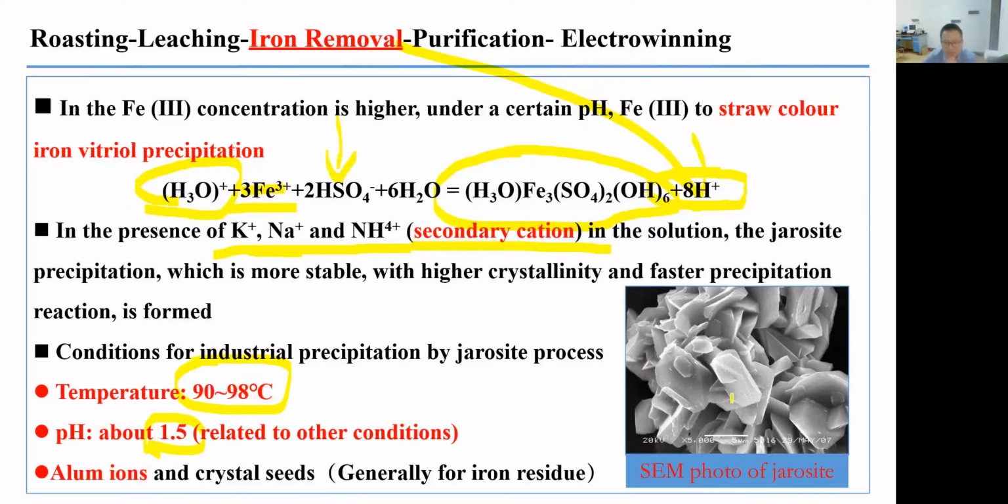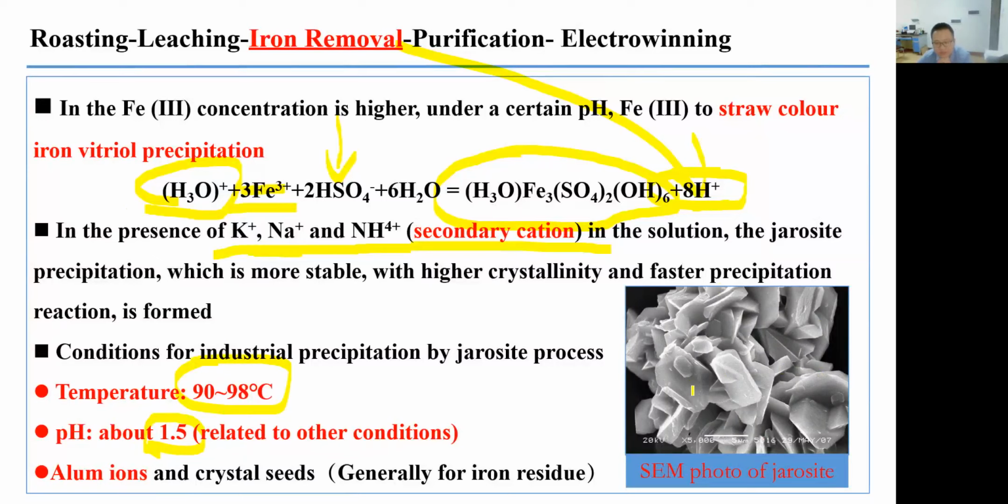Actually, I finished this picture 15 years ago when I was an undergraduate student, doing some ion removal experiments in the lab, and I made an SEM picture for the jarosite. So the jarosite has quite a large particle size, and the solid and liquid separation process can be realized in a short time when we have a good process.